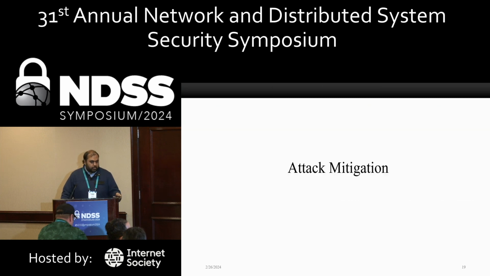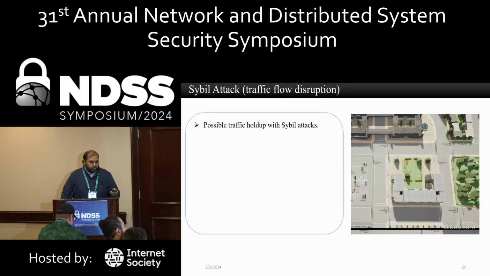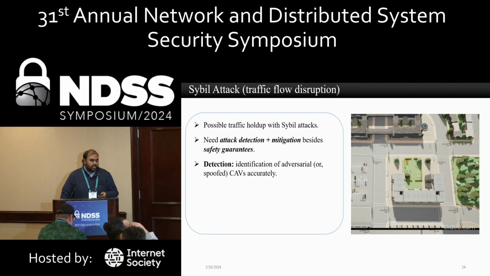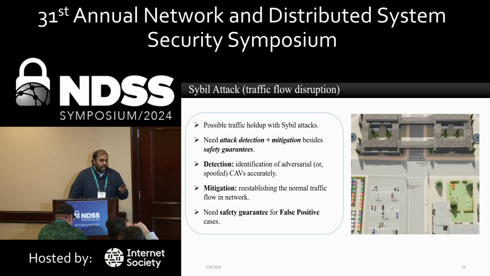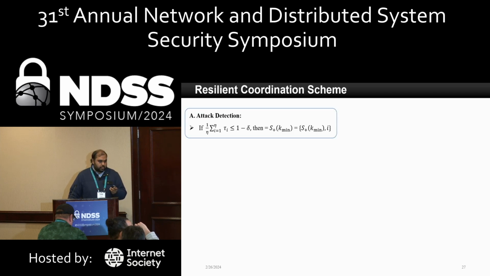So then we said, okay, we have addressed the issue of safety. How do we mitigate this traffic holdup? So we introduced mitigation in our framework, and the idea of mitigation is to make sure that the traffic flow is not disrupted, and also that there is a guarantee in case we have any false positives.